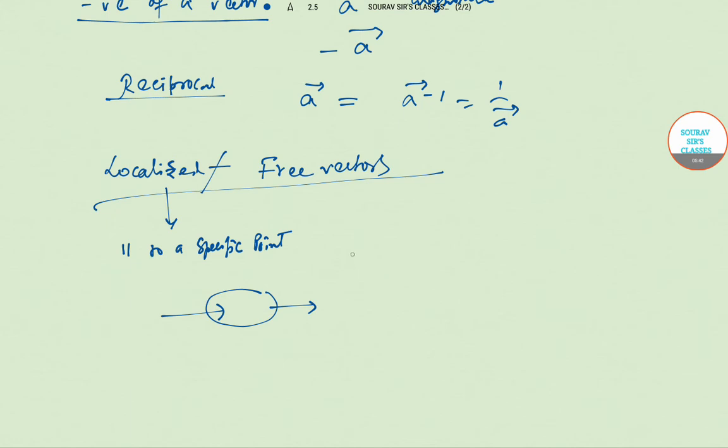And if the value of a vector depends only on its length and direction and is independent of its position, there is no difference on the position itself in space, it's called a free vector.